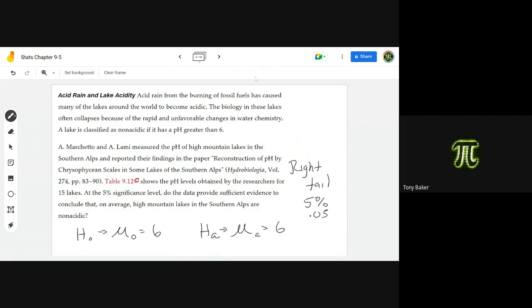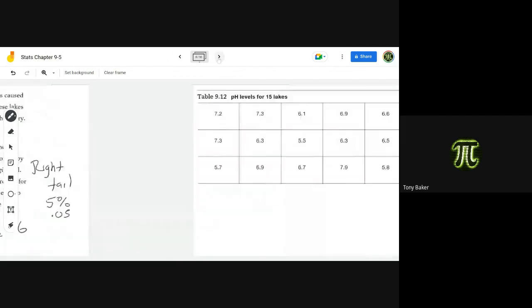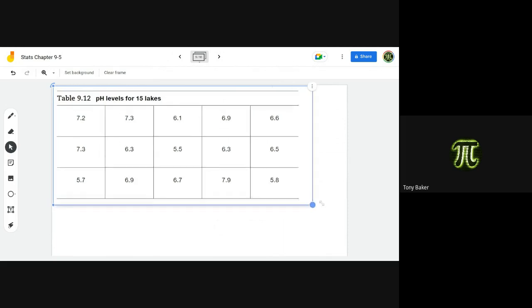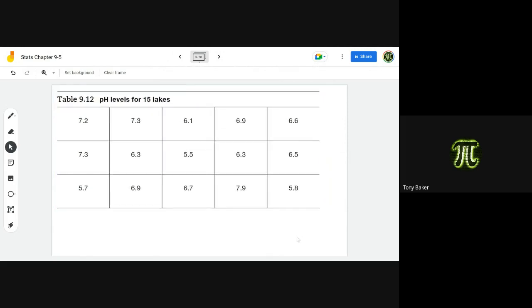All right. Even though you're not going to have to do this in the test, I figured it's a good practice point to do it now, because you're going to have to do it on the actual final exam anyway to find the standard deviation and the mean. So we're going to look at it for this set. Here's the pH level for 15 lakes. Find me the mean and the standard deviation for this.